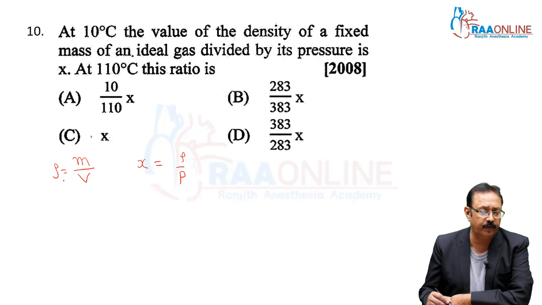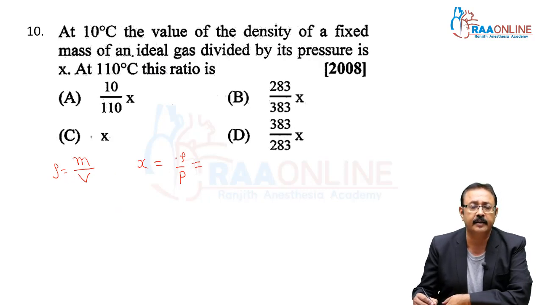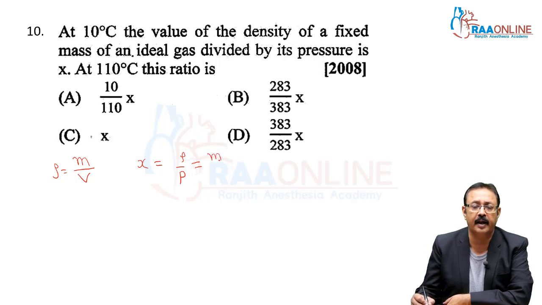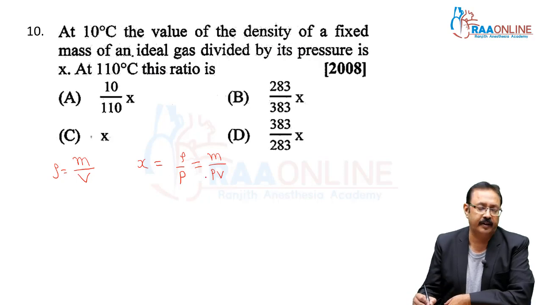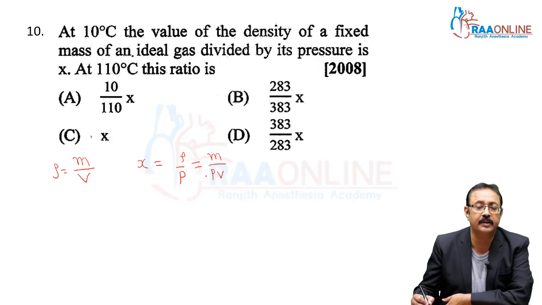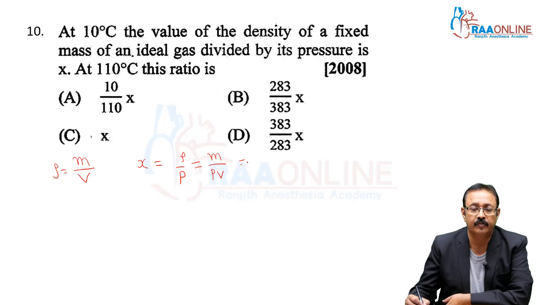So in place of density, you can write m upon v. What is PV? You know that PV is equal to mu RT. So x becomes m upon mu into R into T.